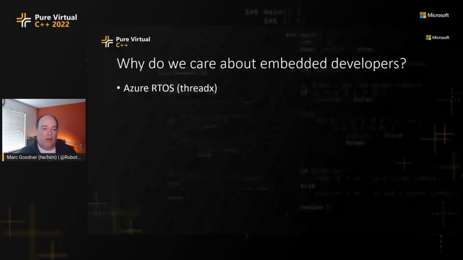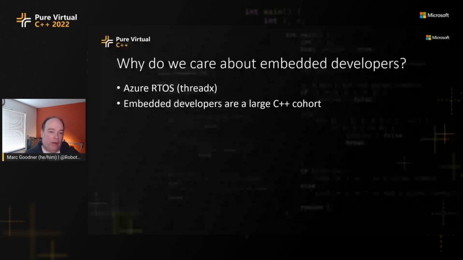Another reason we care about embedded developers is they're a very large C++ cohort. There's a lot of embedded developers out there that use C and C++, and it's one of the last markets we haven't really spent time on in our C++ support for Visual Studio and VS Code. And they have unique core inner loop needs.